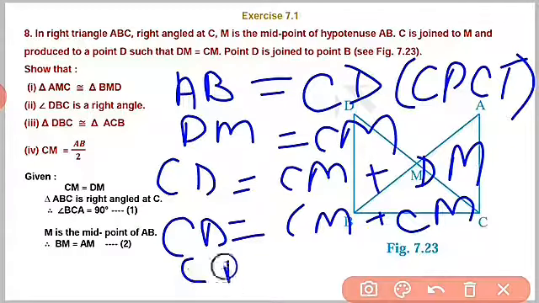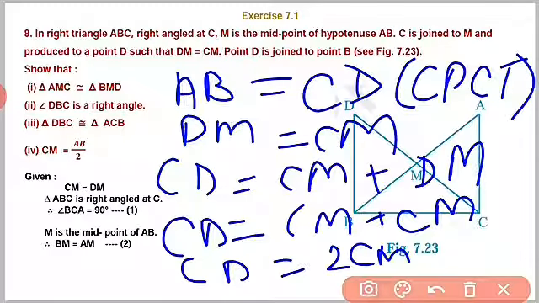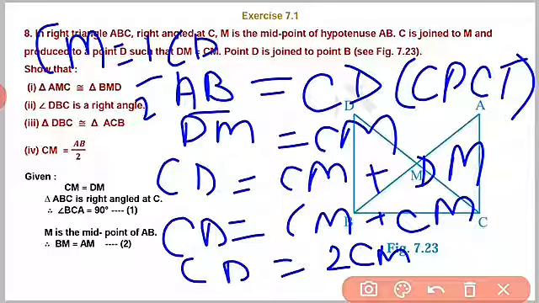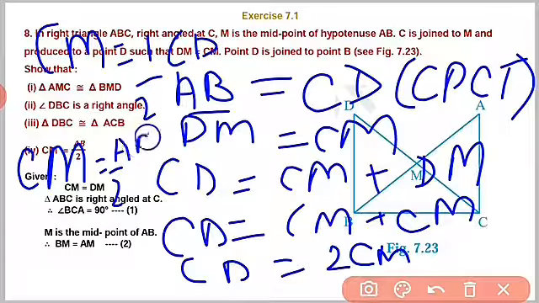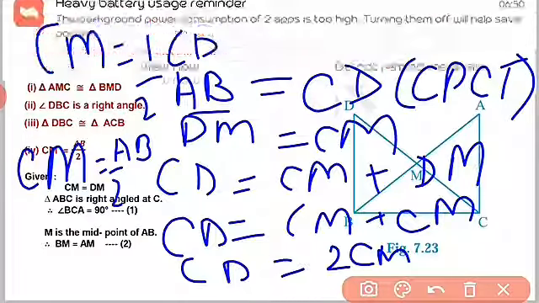That will be CD is equal to twice of CM. So what will CM be equal to? CM will be equal to half of CD. And CD we know is equal to AB. So we can substitute it as CM is equal to half of AB, in place of CD we can write AB as CD and AB are equal.